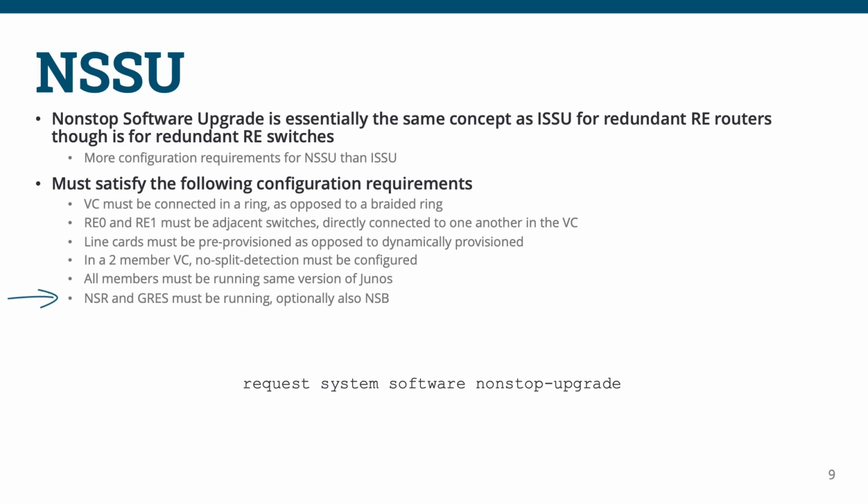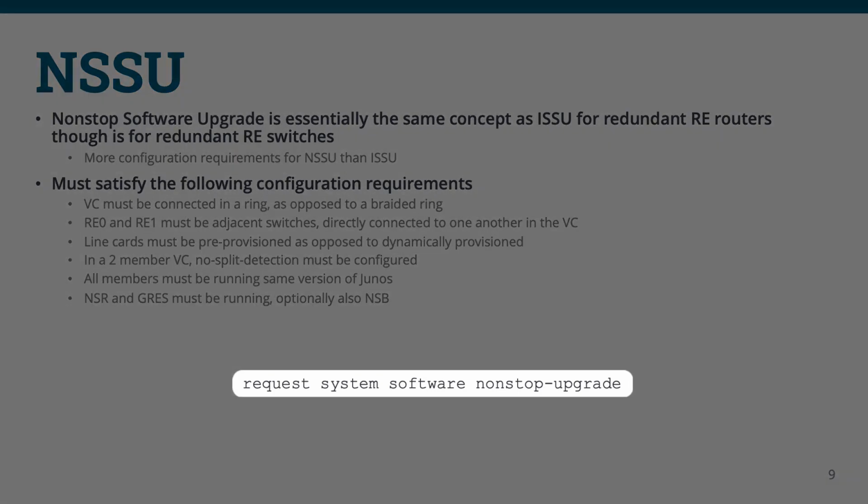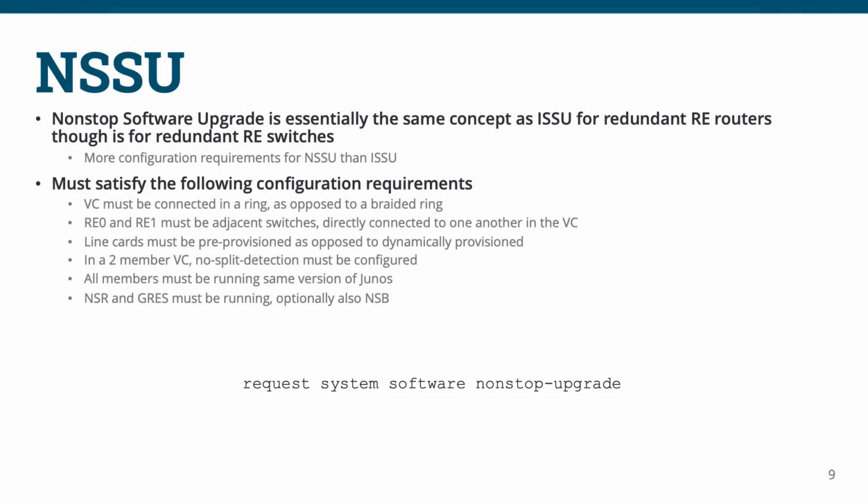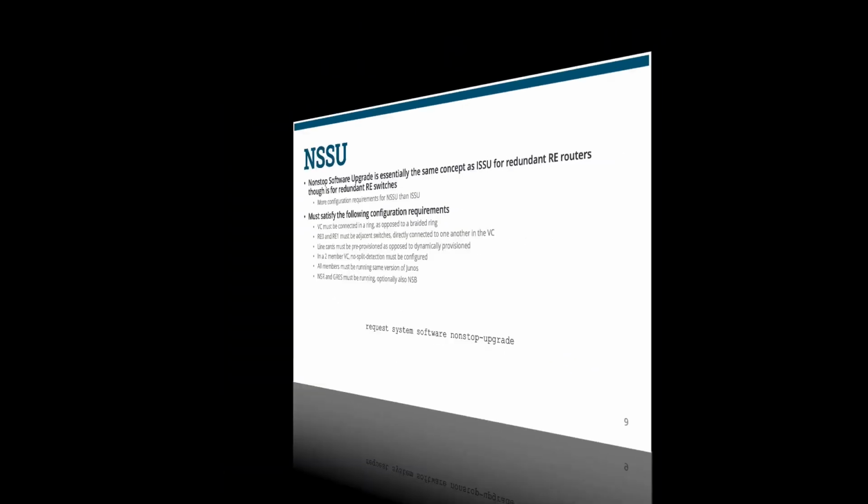Finally, just like ISSU, NSR and GRES, and optionally NSB, must be configured for NSSU to work. NSSU is performed using this command: request system software nonstop-upgrade. Great. Let's move on to the last topic of this lesson: virtual chassis traffic flows.